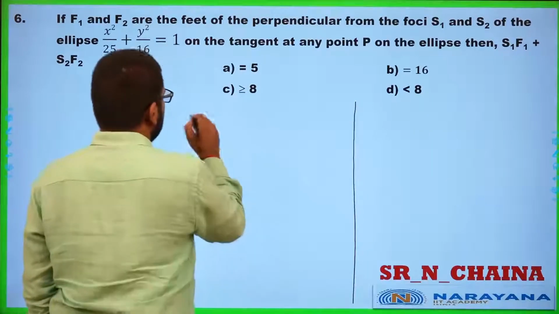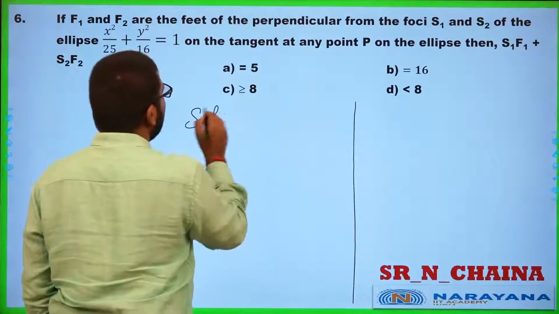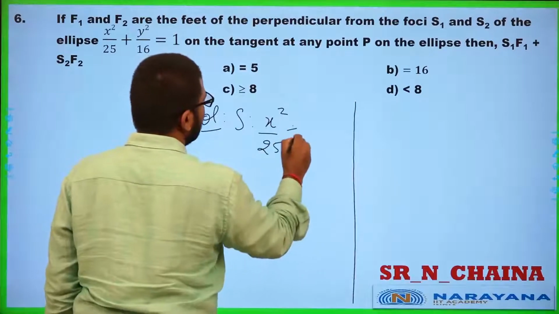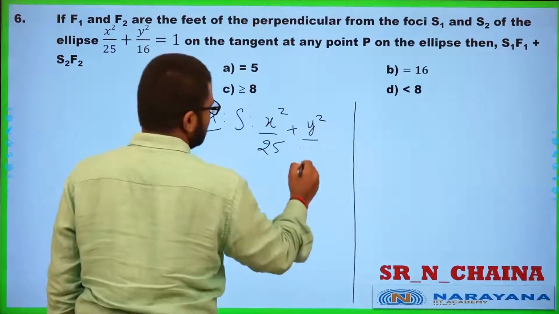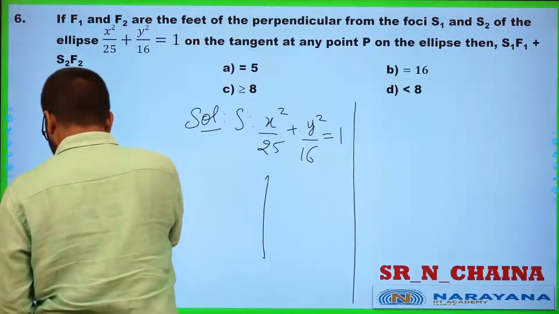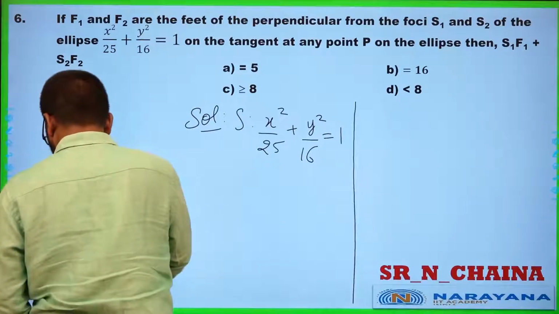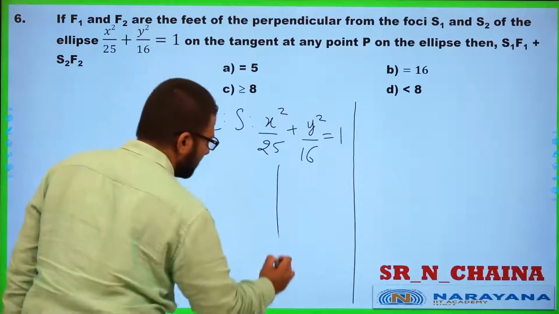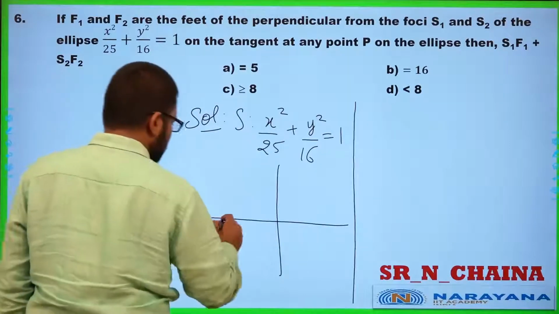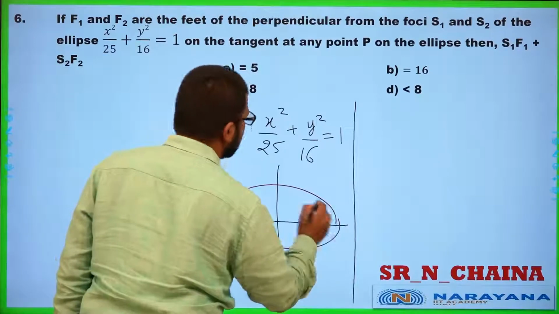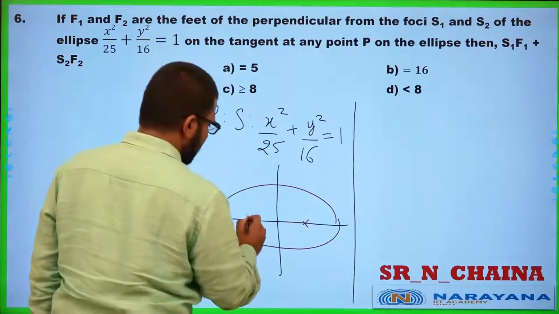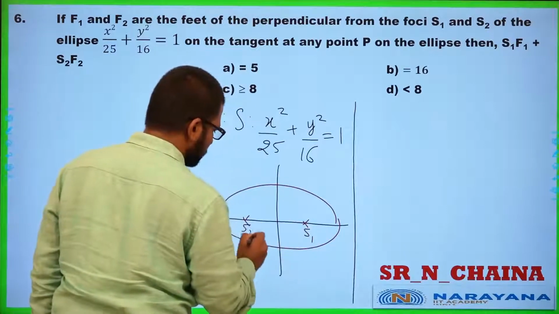Okay. So what do we have here? We have this ellipse x square by 25 plus y square by 16 equal to 1. There is a point P and there are foci S1 and S2.